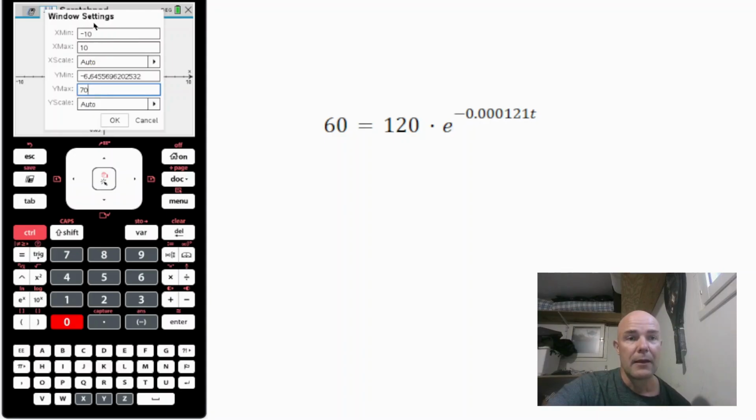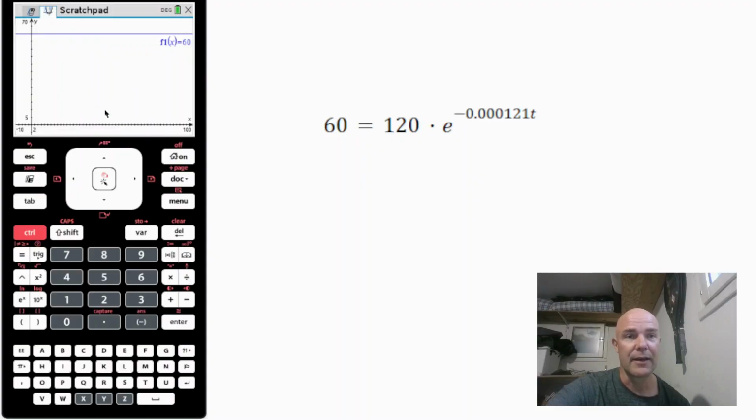Now, we don't know our solution to this, like how far in the x-axis we have to go. So we could start by adding 100 to x maximum and see what happens. So I changed x maximum to 100, y maximum to 70, and pressing OK. Now we can see this horizontal line at 60, and we don't see the exponential function yet.